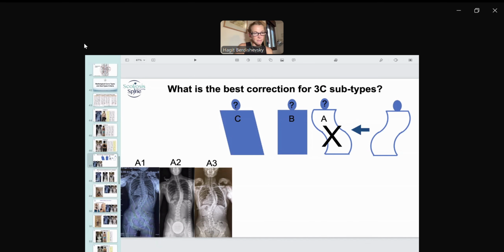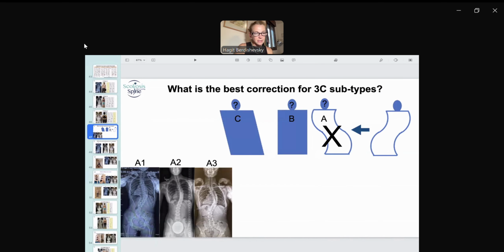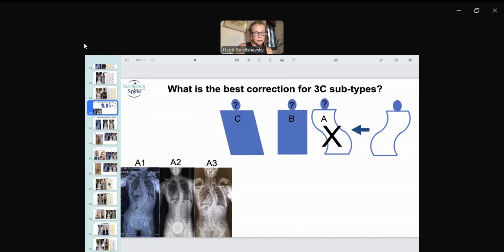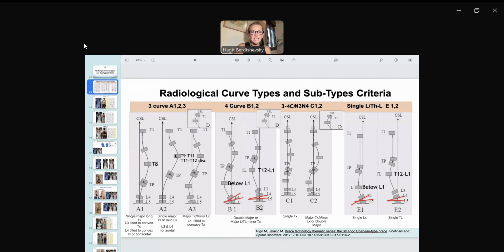This is an important question. But before I answer that, I will go to the sister of a 3C. I will go to the 3-4C, also known as non-3, non-4 in BSPTS.